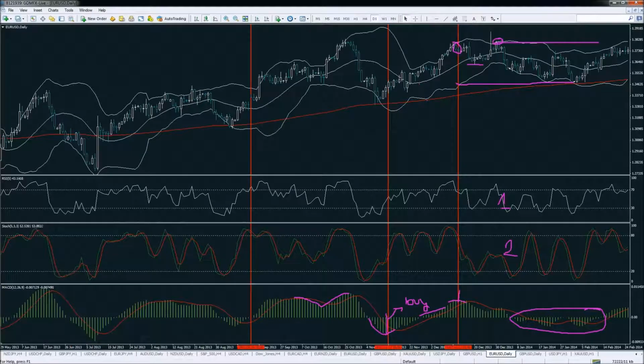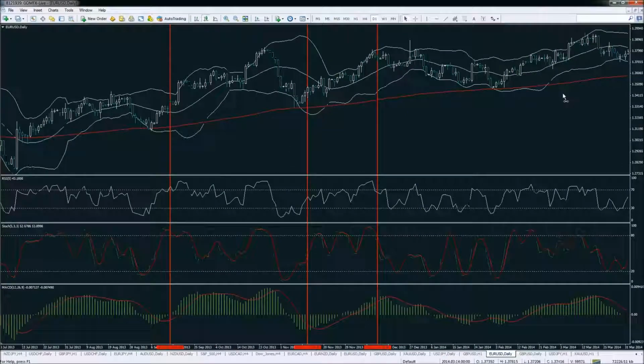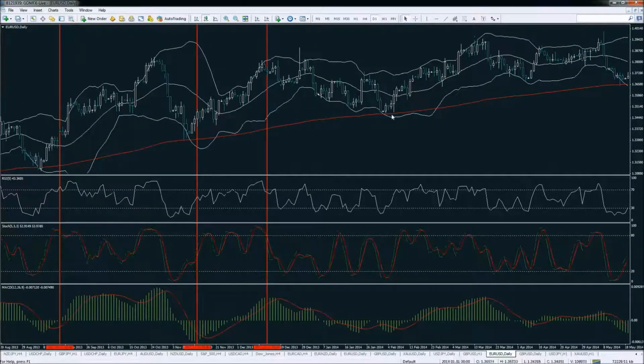Let's move a little forward to see how it develops. What we can find here is after the range is over, somewhere around this point, we have a new peak and then a new range. You can see how fast the MACD starts declining here, and you can compare it with the range between relative strength and stochastic.